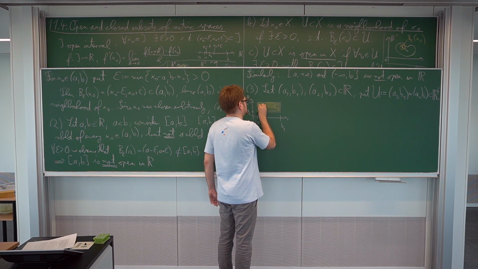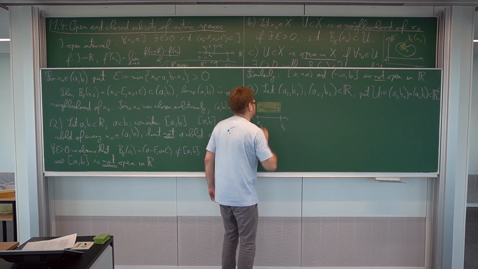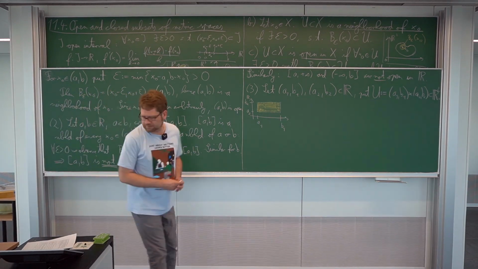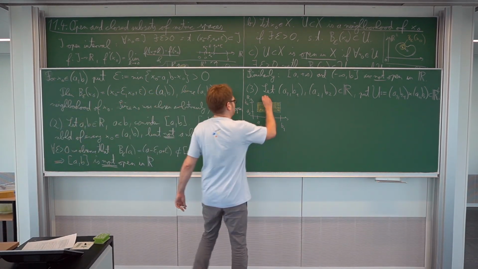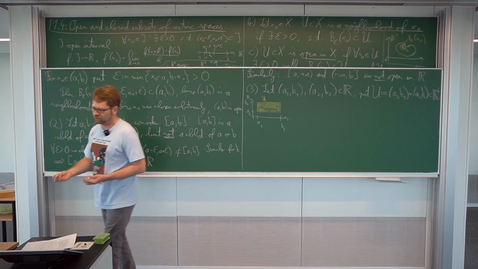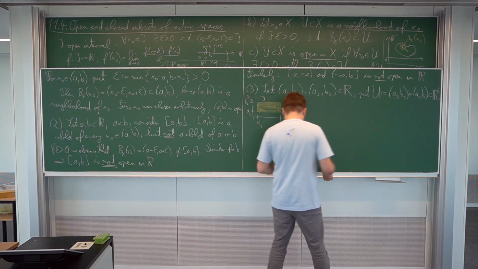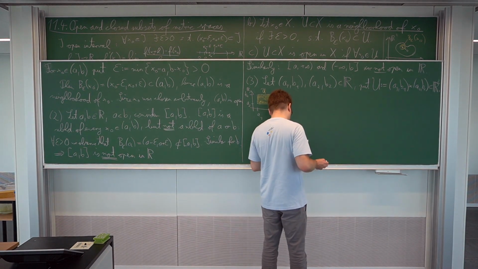Slightly messed up here, this is not that rectangular, but you get the idea. This set is U, the inside of the rectangle without the boundary curve. And I claim this is open in R2, and let's prove this.